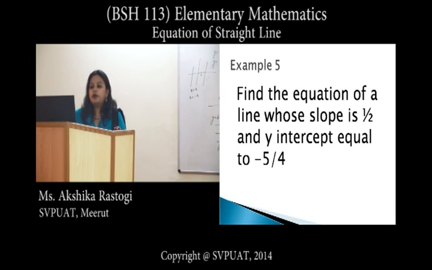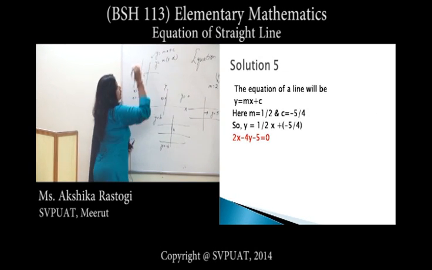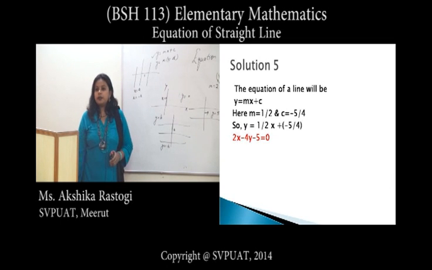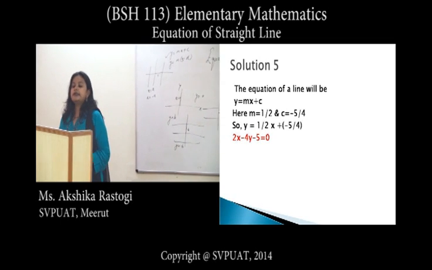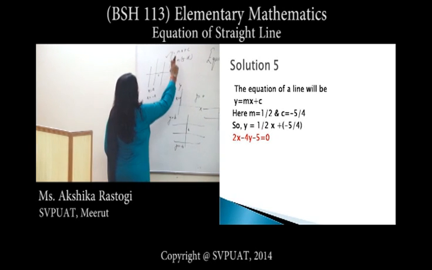We have to construct the equation of a line whose slope is half and y-intercept equal to minus 5 upon 4. The problem is very simple. M is given here, so we'll go for the first formula because it is intercepting on the y-axis.